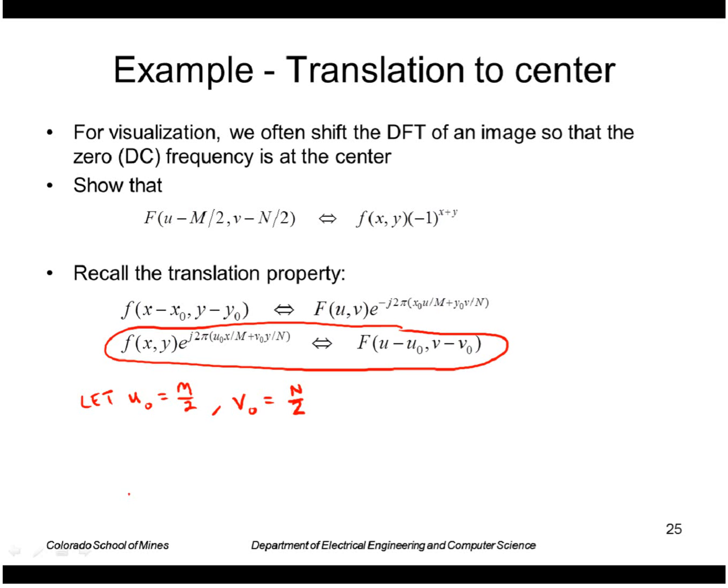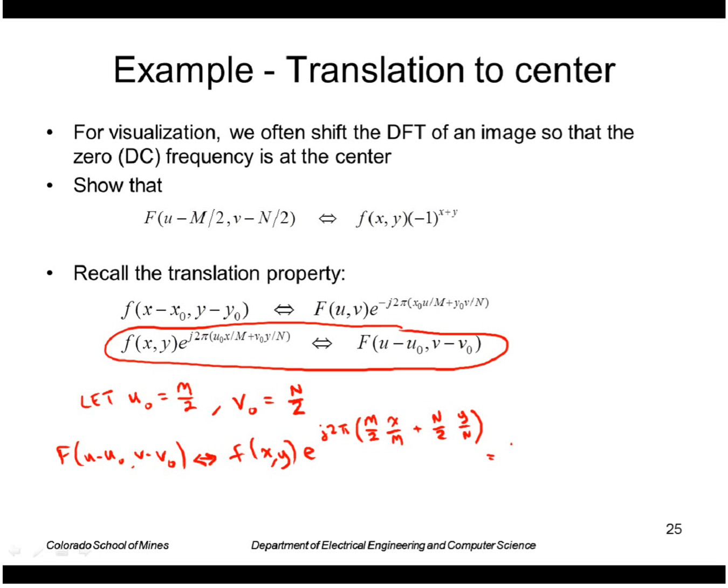So the Fourier pair of f of u minus u0, v minus v0, according to the translation property, is f of xy e to the j 2 pi, m over 2 times x over m, and then plus n over 2 times y over n.